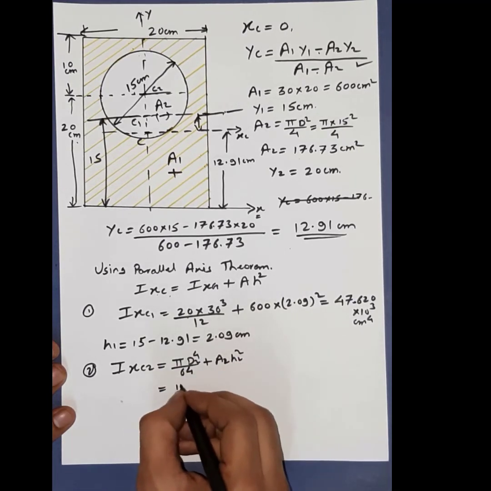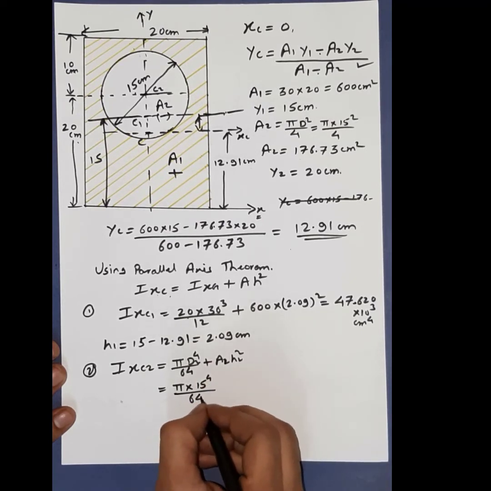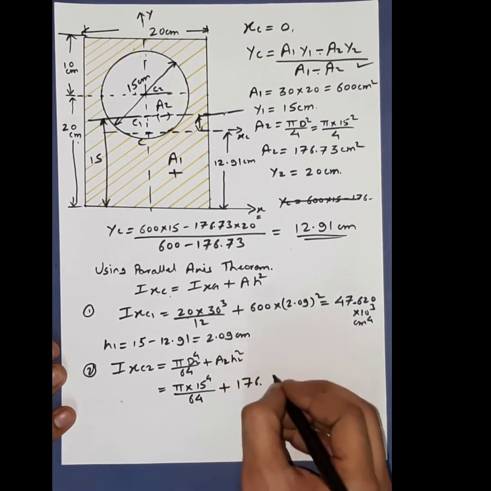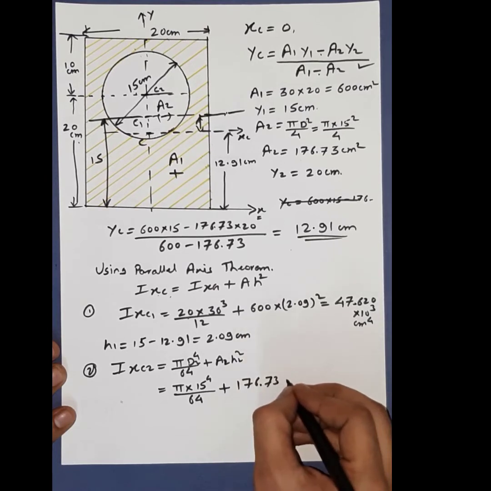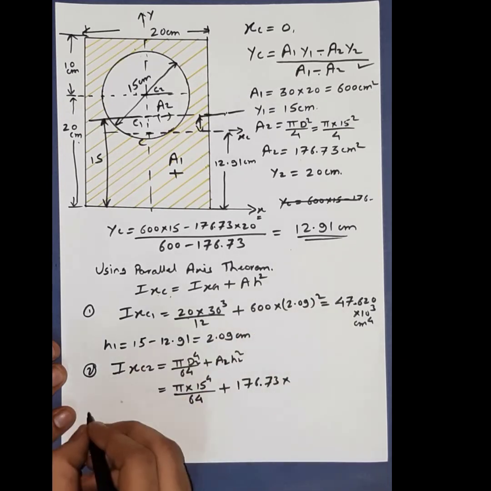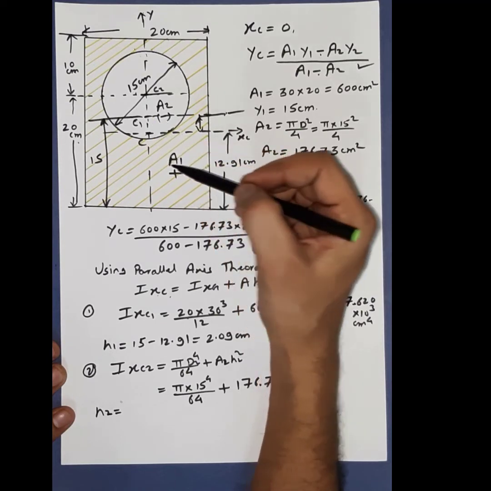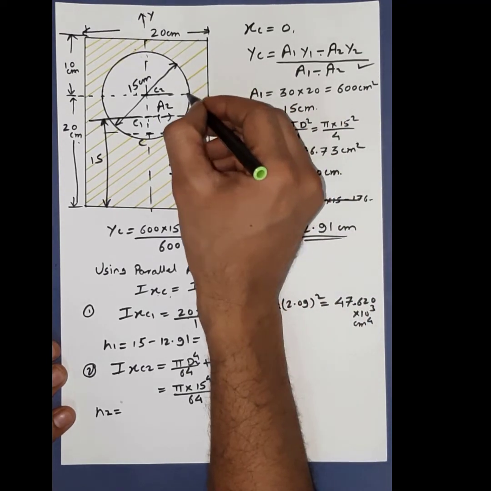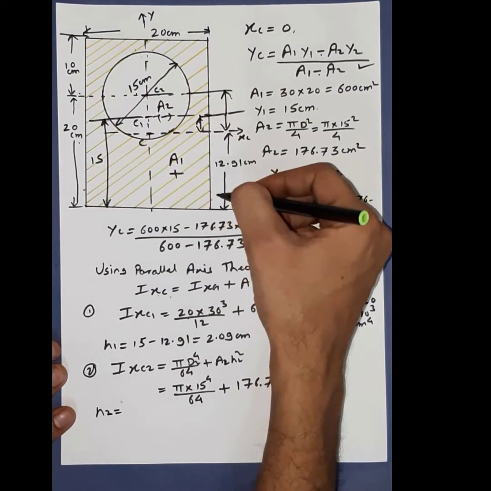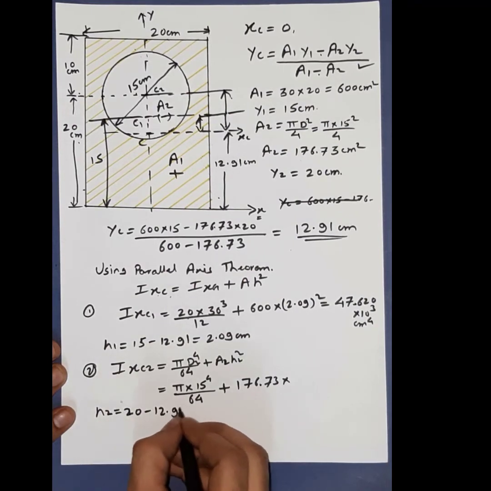Putting the values, pi into the diameter 15 centimeter to the power 4 divided by 64, plus the value of A2, which is 176.73, into h2 square. Again, like the previous one, the value of h2 is the difference between this axis and this axis, so that will be 20 minus 12.91.